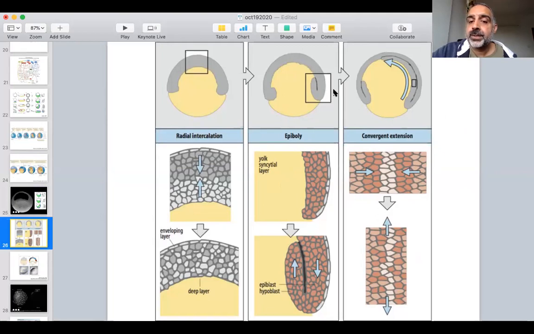It remodels so that you get a general thinning of the epithelium, and as it thins, it starts to be driven down, and because you now have what's called a bottle cell on one side, that bottle cell then starts driving the tissue the other way as well.